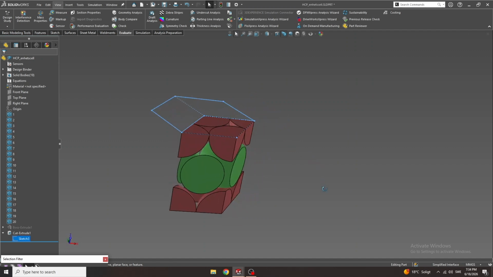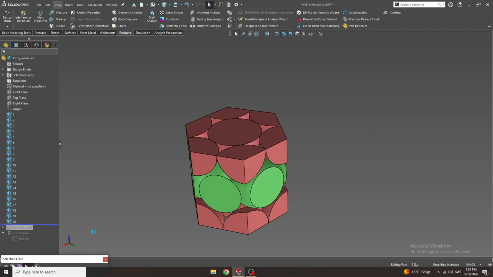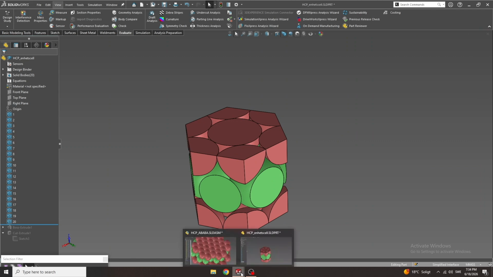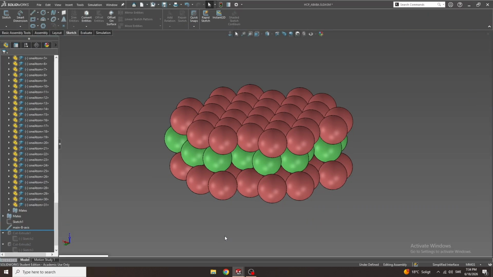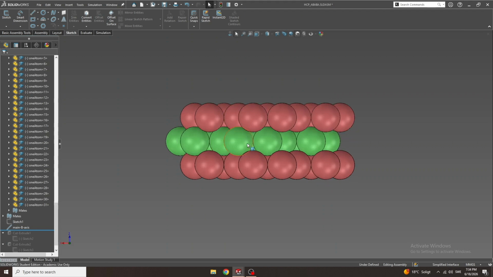The primitive cell is the smallest repeating unit, and it only contains 2 atoms. So the crystal structure is the same, only the choice of unit cell is different.